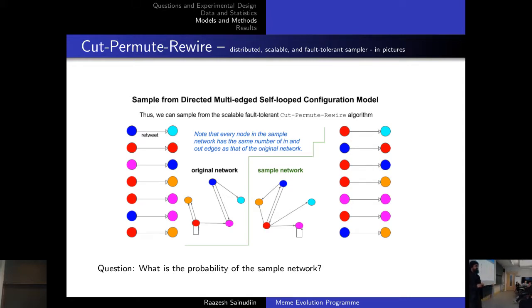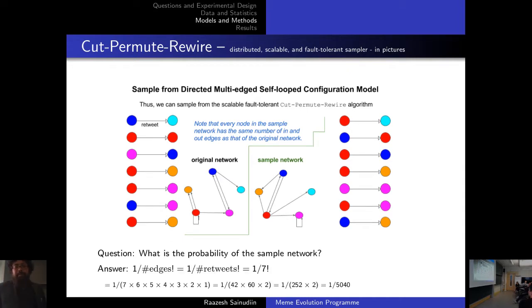That's a good answer. 1 over the number of permutations is nothing but 1 divided by the factorial of the number of retweets. That's a big number, but of course we can use the Monte Carlo algorithm and get consistent estimates of these p-values.